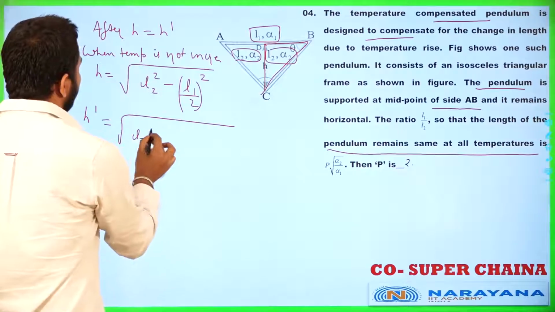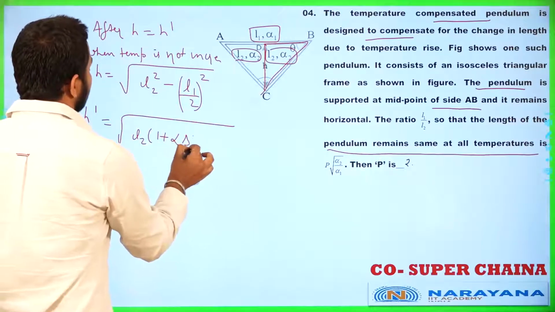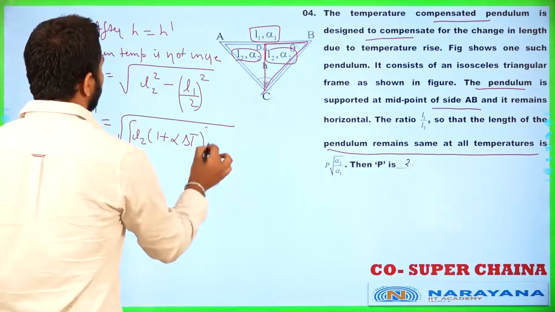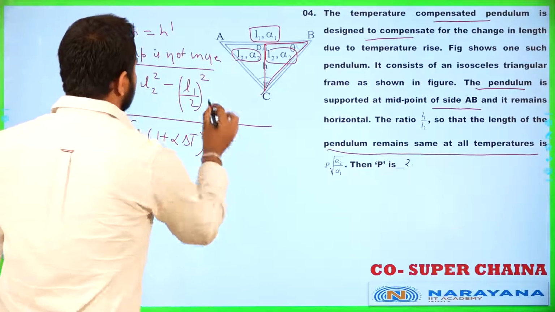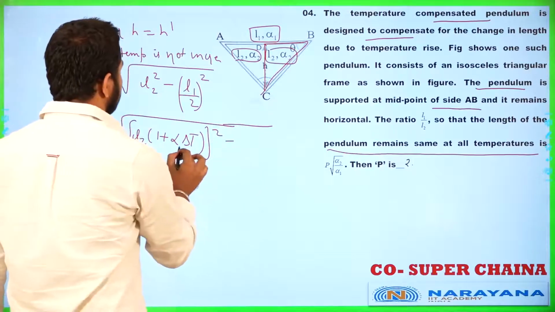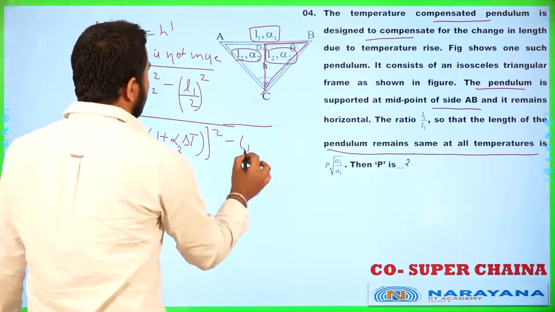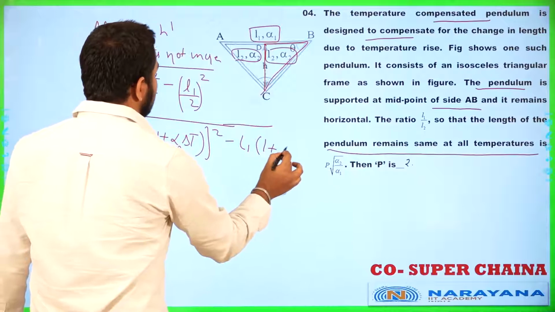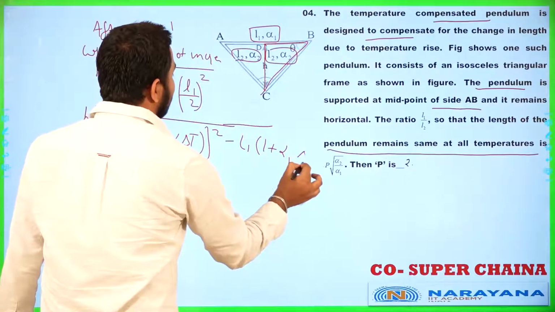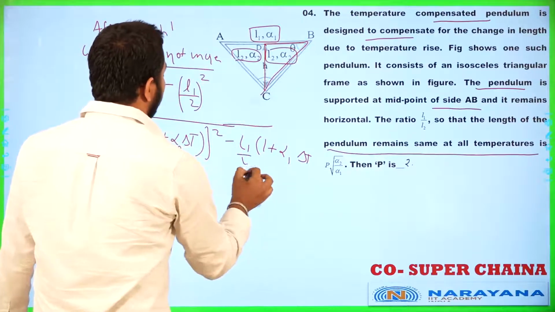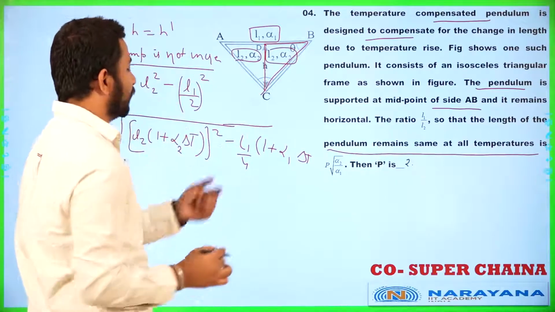Now after some increase in temperature, h dash will be under root L2 into 1 plus alpha delta t whole square minus this L1 will also change. So this will be L1 into 1 plus alpha 1 delta t by 4, this L1 square I am writing here.